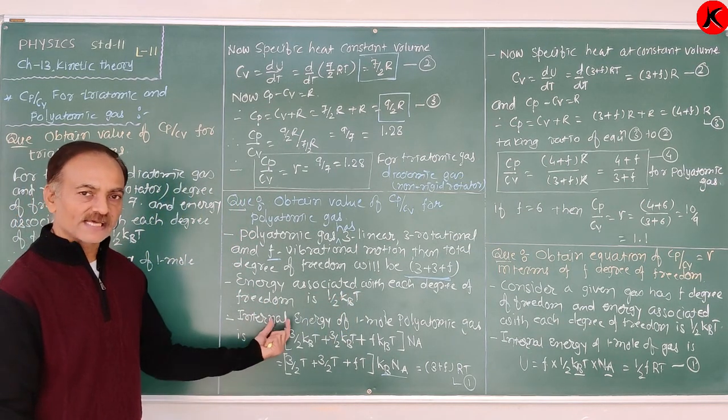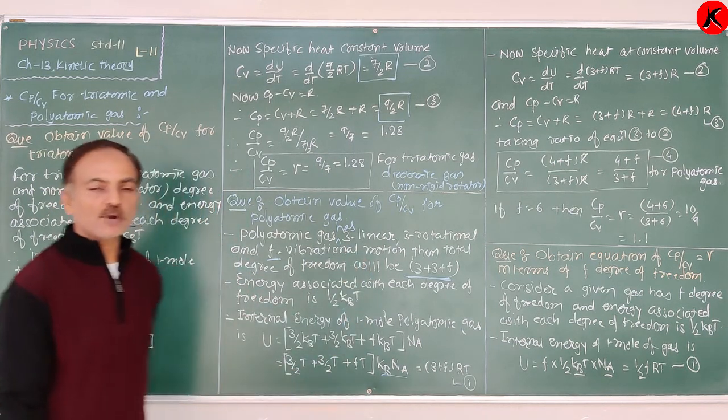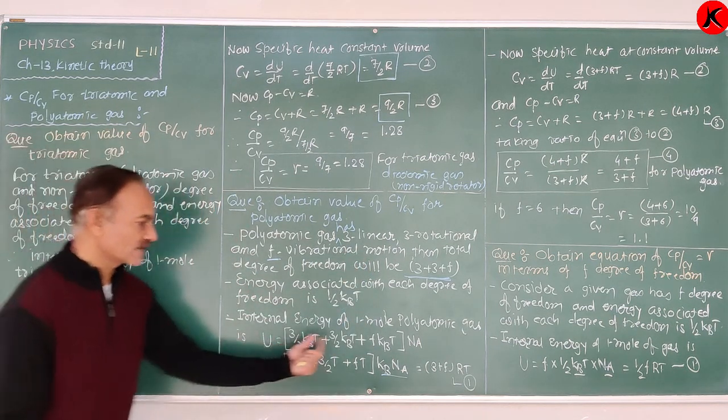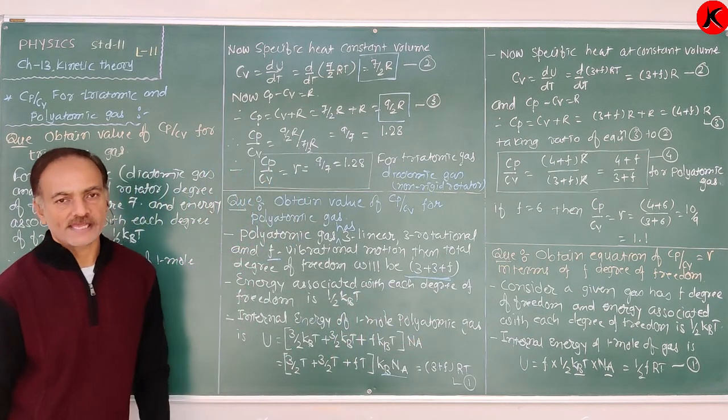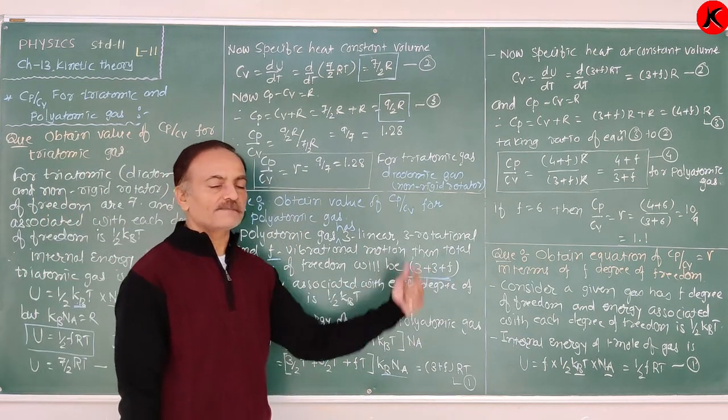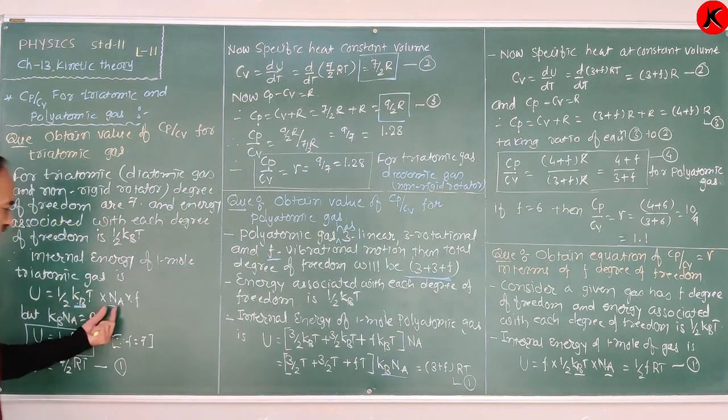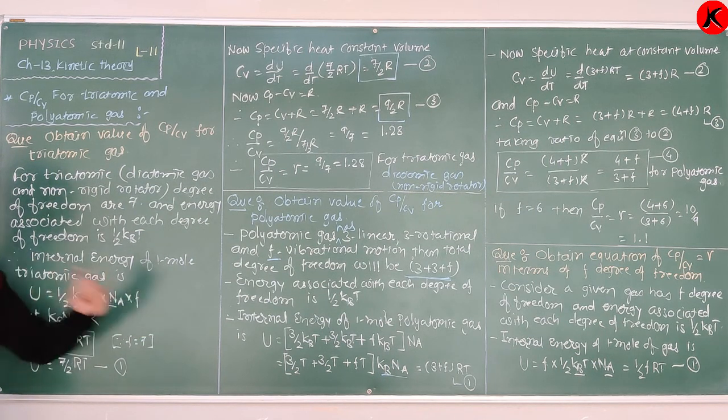Therefore, the internal energy of 1 mole of polyatomic gas is U equal to half kBT into F into Na. Here the degrees of freedom are 3 plus F instead of this F. So half kBT into Na into (3 plus F).